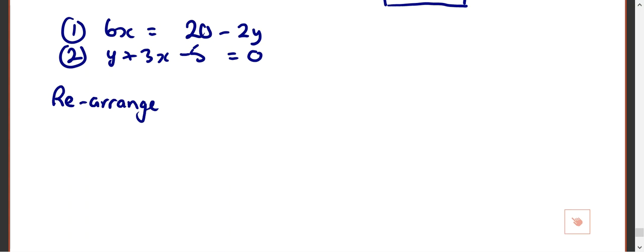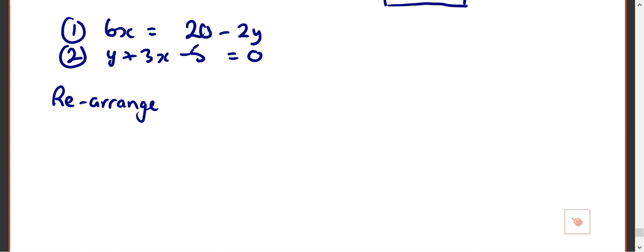Wait, is this elimination or substitution? This is still substitution. I would go with rearranging number 2 because it's got one y. As soon as I identify it's got one of anything, one y or one x, it's nice and simple.